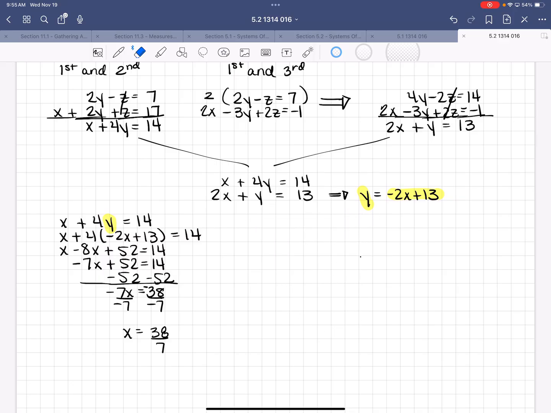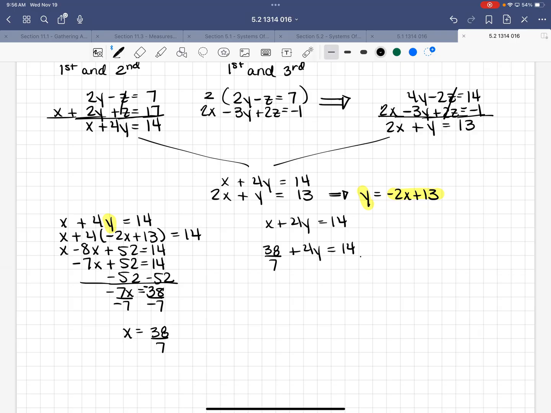All right. Let me fix that on camera here before you go, so it doesn't look like I just went, oh God, I don't know how to do it. I do. If you need to go, go, because I know we're over time right now. That's going to give me 38 over 7 plus 4y equals 14. So that's going to give me 4y equals 14 minus 38 over 7.